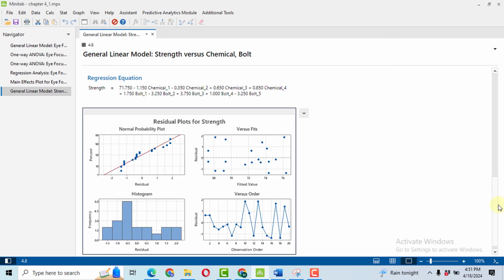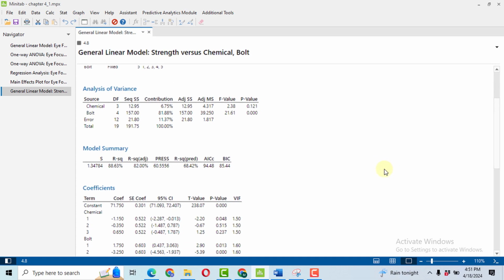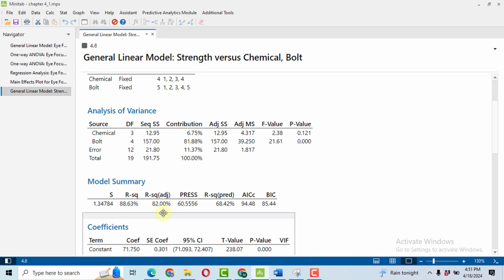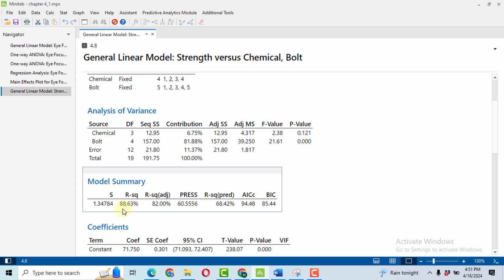Click OK. Now go above here, model summary. The model summary explains that 82% variation in the tensile strength has been explained by chemical and the bolt. Now the question may arise that R square is 88.63 and R square adjusted is low. Why?